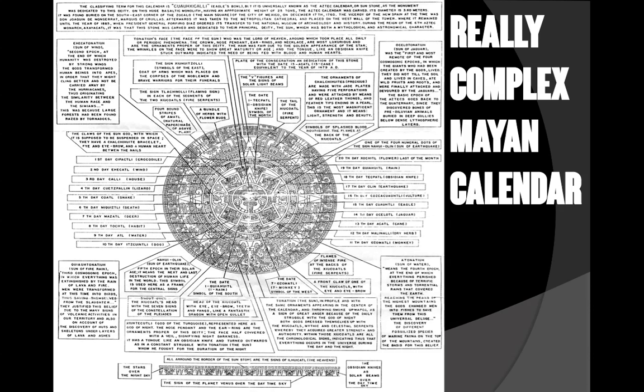When both calendars sync together, it made a 52-year cycle, which is when the overlapping calendars would actually have a day called the same thing again. Does that make sense? It's kind of hard to explain, but it rolls along.